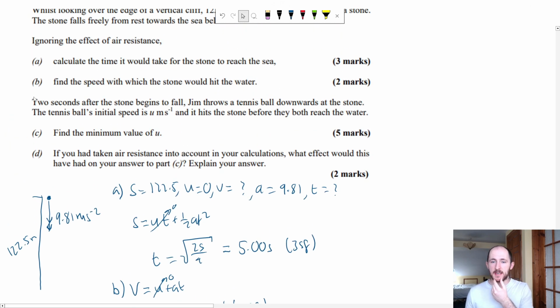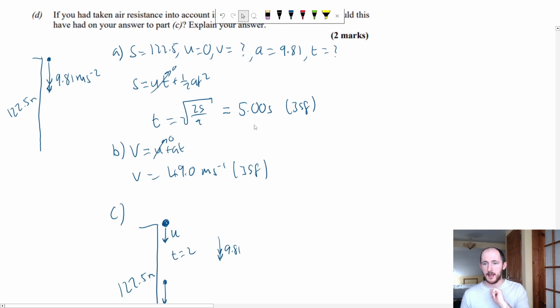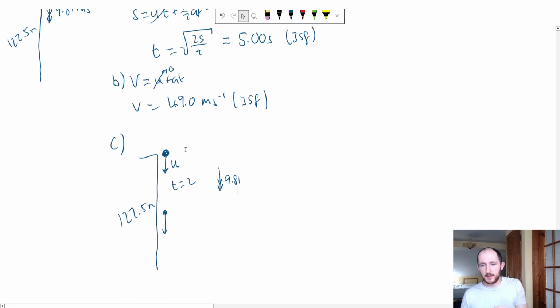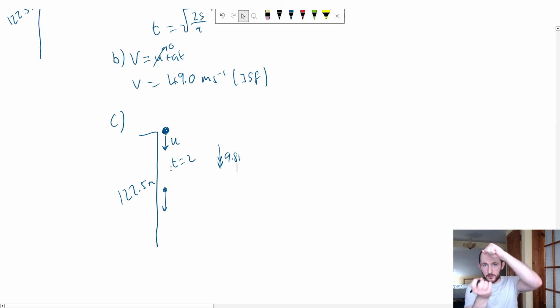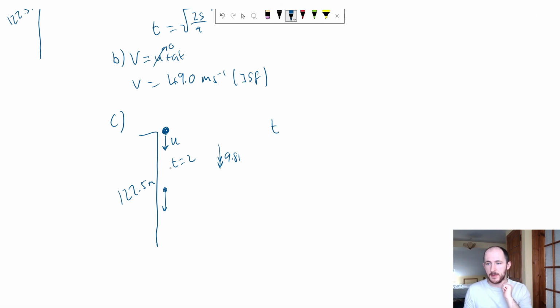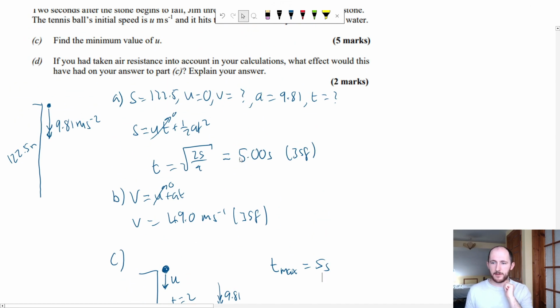Now, interestingly, this tennis ball's initial speed is U, and it hits the stone before they both reach the water. Find the minimum value of U. So, here's where things can get a bit interesting. If it hits the stone before they reach the water, then the maximum time for the tennis ball to hit the stone, call it T-max, is 5 seconds, because remember, from part A, it takes 5 seconds for the stone to hit the water.